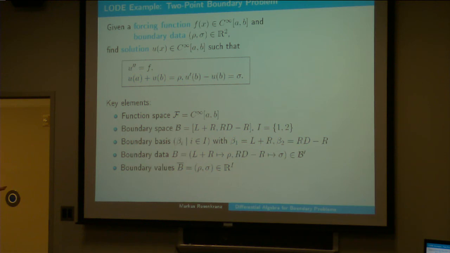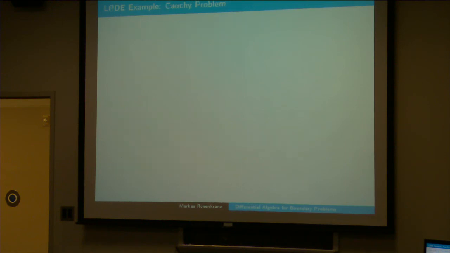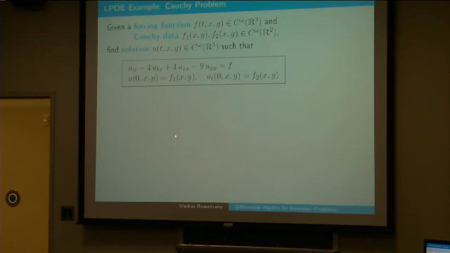So that's the ODE setting. Now in the PDE setting, a little bit more can happen. So I have here a simple Cauchy problem with the constant coefficients here. It's an initial value problem. Yeah? So I'm just prescribing the function at t equals 0.